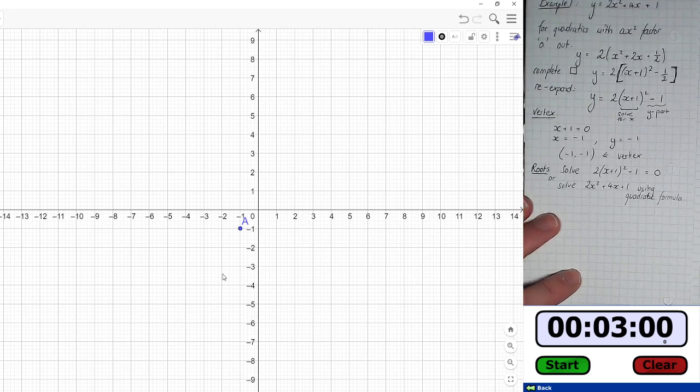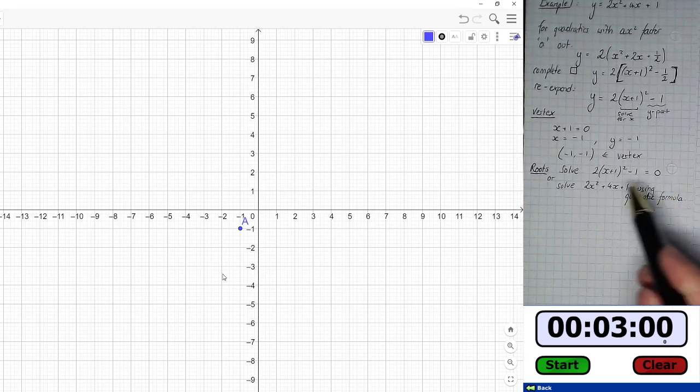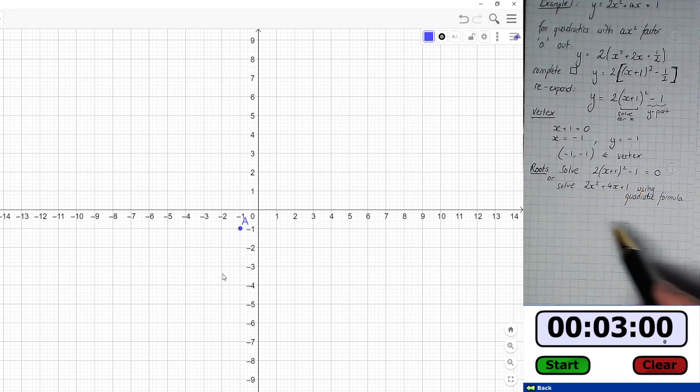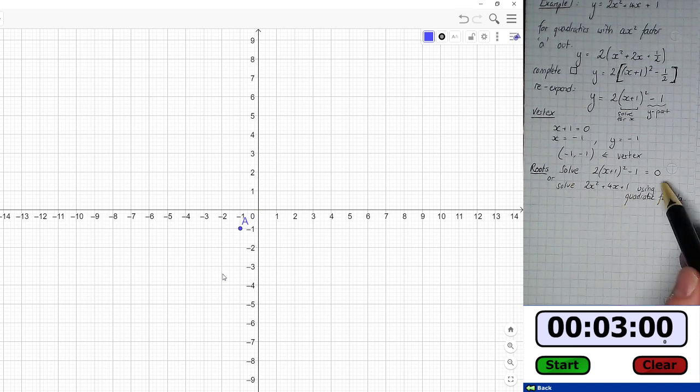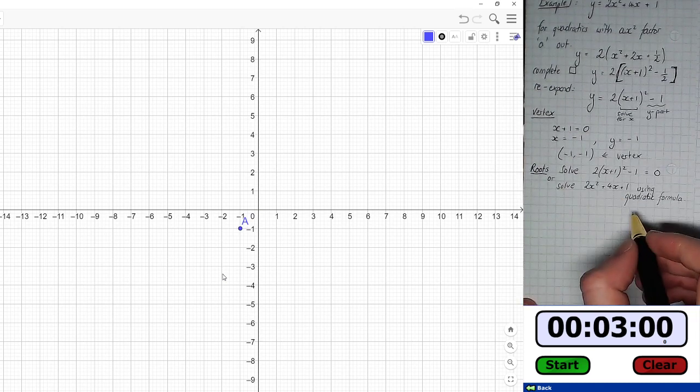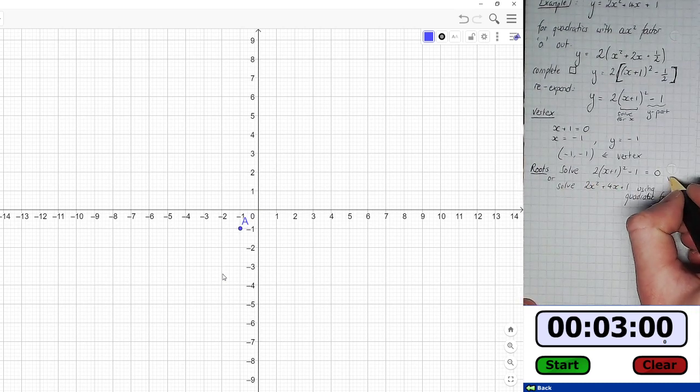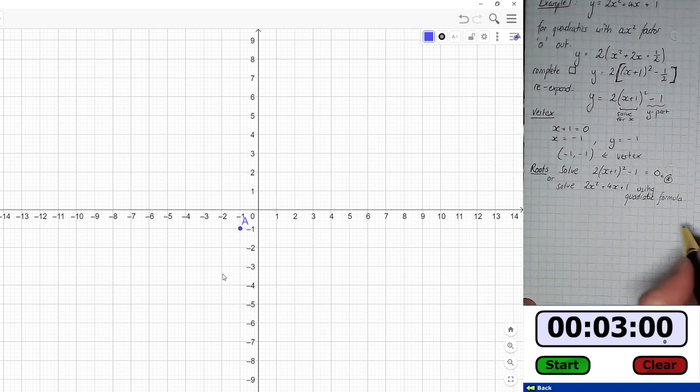Okay, there are two choices that we could do. If you know how to use the quadratic formula and you are happy doing that and you can do it well, then that might be a great alternative. But either way, we're going to look to solve this equation to find our roots. Okay, so I'm going to go for that option.